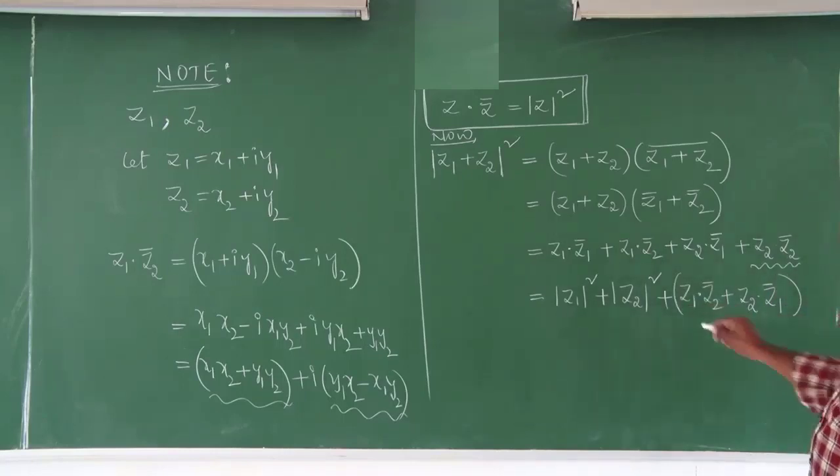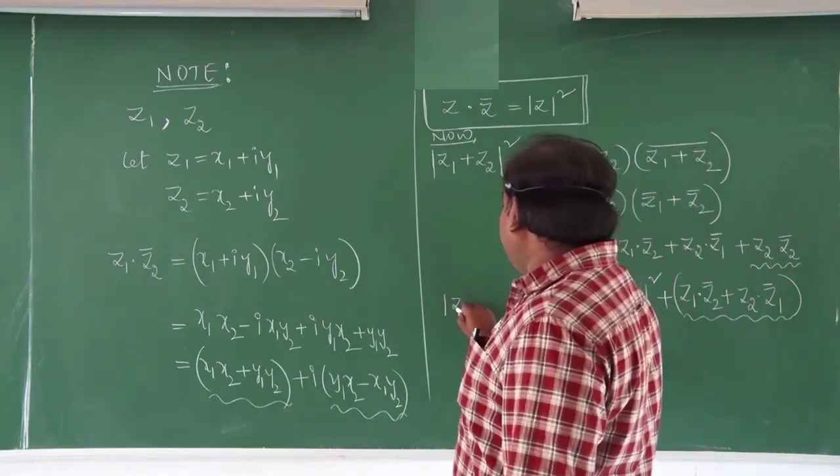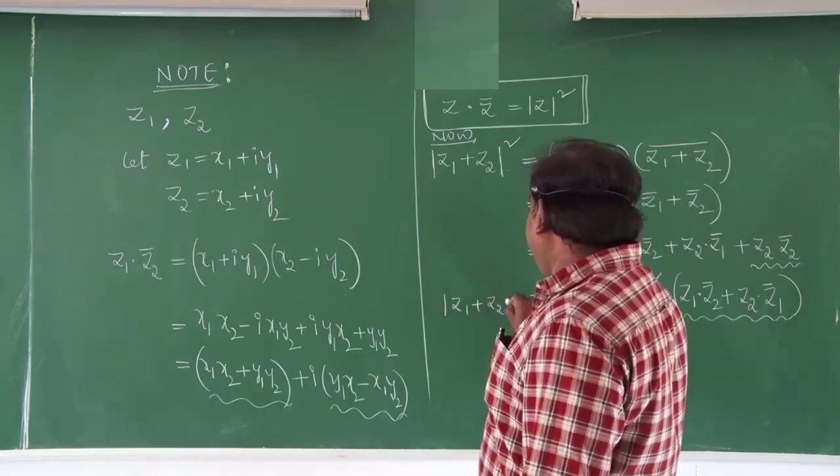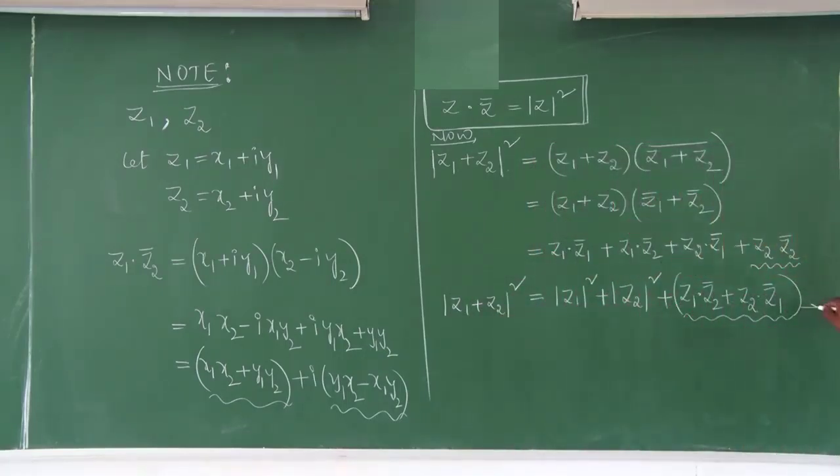Let this whole value, modulus of z1 plus z2 whole square, be taken as equation number 1. Now we have to find the remaining value.